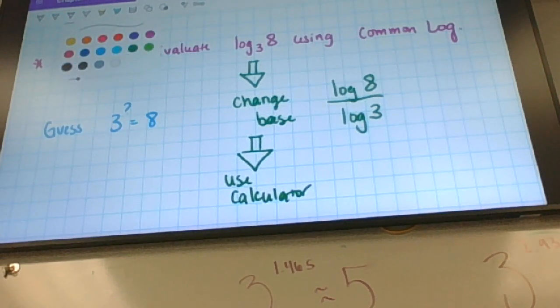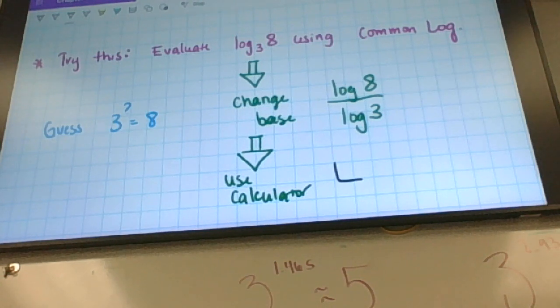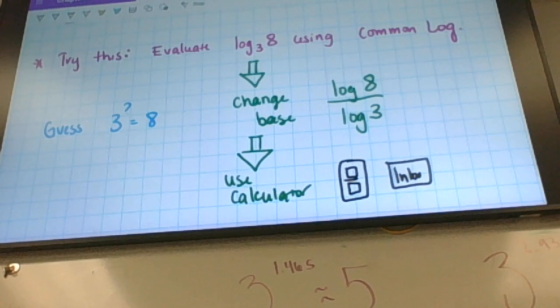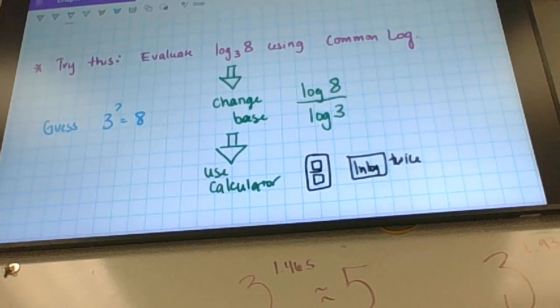On your calculator, this is the TI-36, first hit the fraction button. Then hit the ln log button twice. And then you should be able to type in log 8 over log 3.